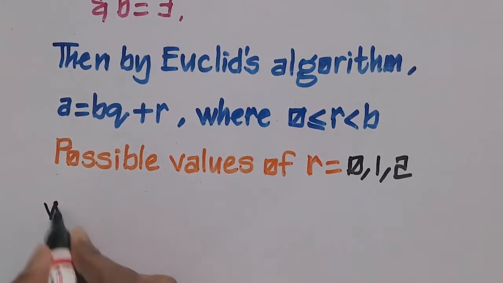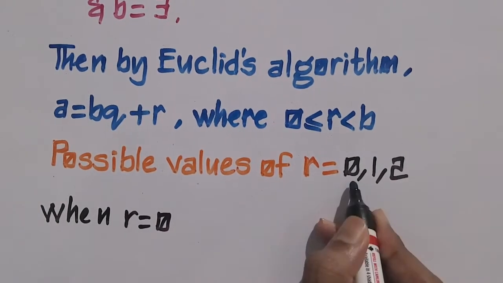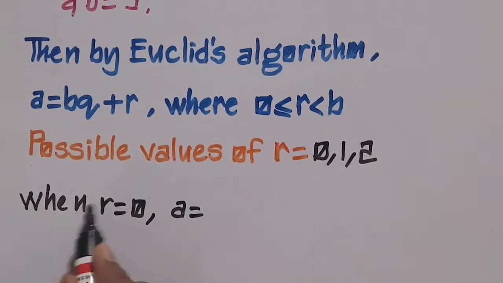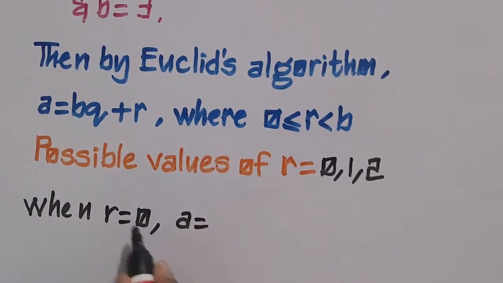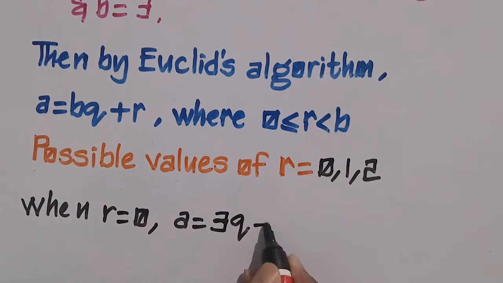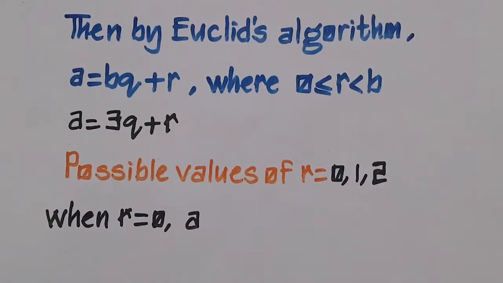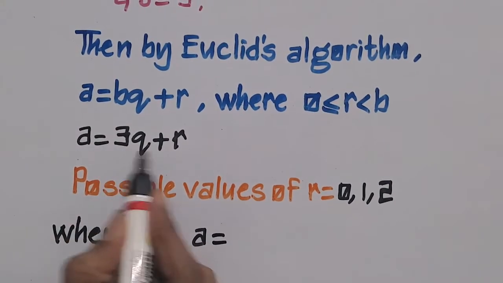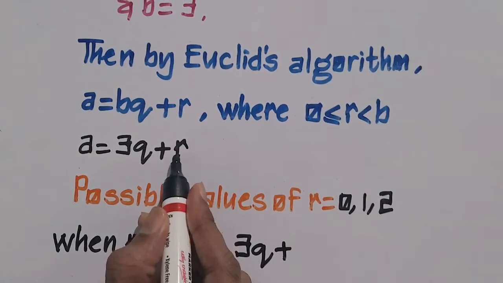Now, when r equals 0, first we will substitute 0. When r equals 0, then a equals bq plus r, that is, a equals 3q plus r, where r equals 0.